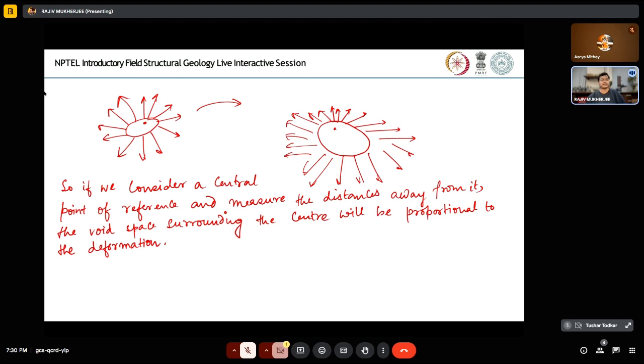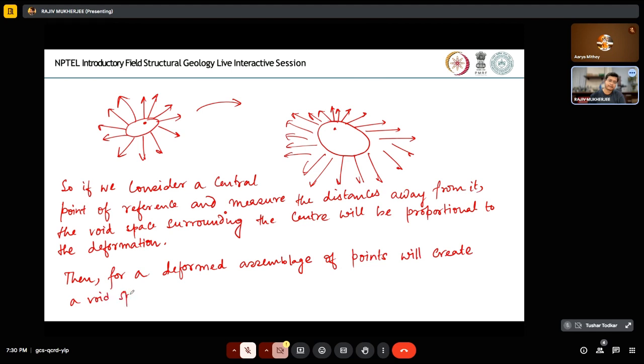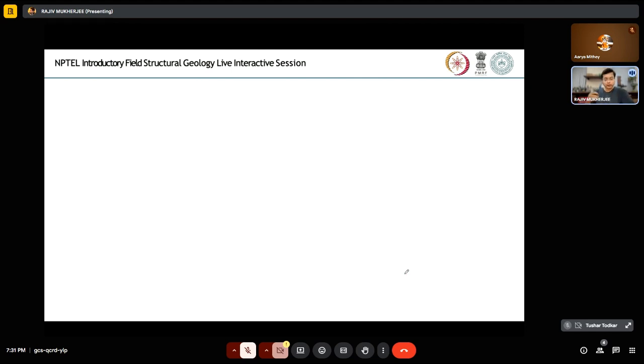Right? Now, if that is the case, then a deformed assemblage of points will create a void space in the shape of the strain ellipse. Right? So this is the theory.